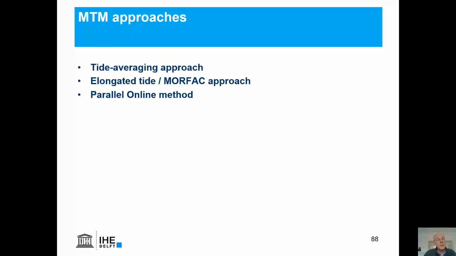So basically 3 kinds of approaches. The classical, we call it tide averaging approach. Then we switch to a more modern elongated tide or MORFAC approach. And the most modern method we have is the parallel online method, also called MorMerge.